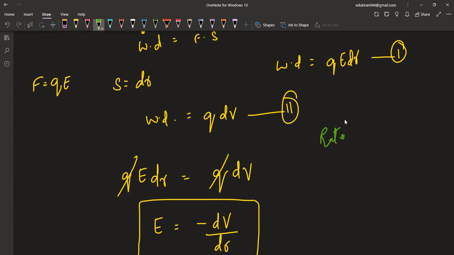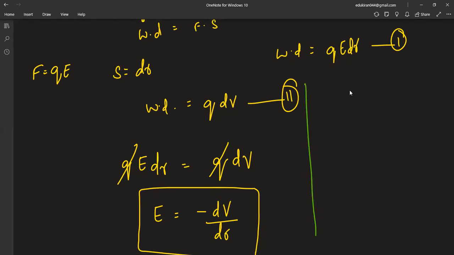Now see, there are two terms that you have to differentiate between: one is rate, one is gradient. Just understand these two terms because these will be repeating. Rate and gradient.